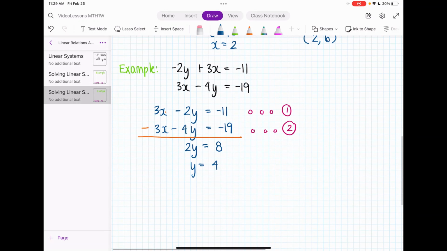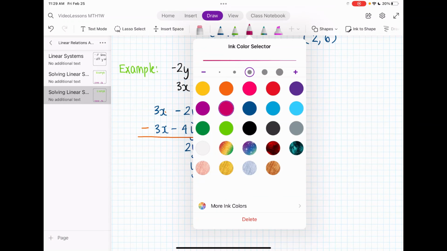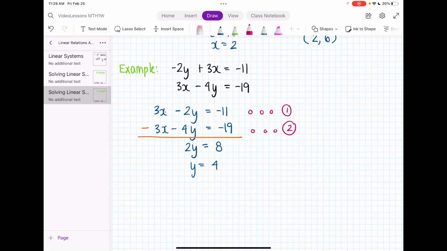This now we can sub into either equation, doesn't matter. I'm going to sub it into the first one. So that means in my first equation, wherever I see y, I will now replace it with 4. And then now I can solve for x.